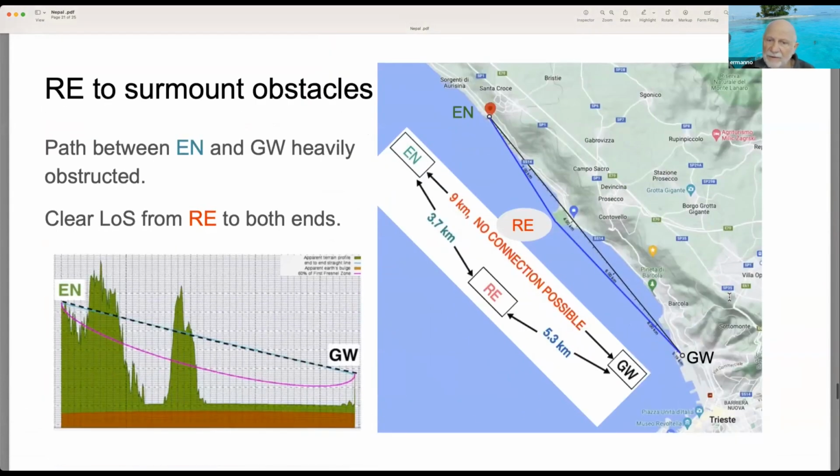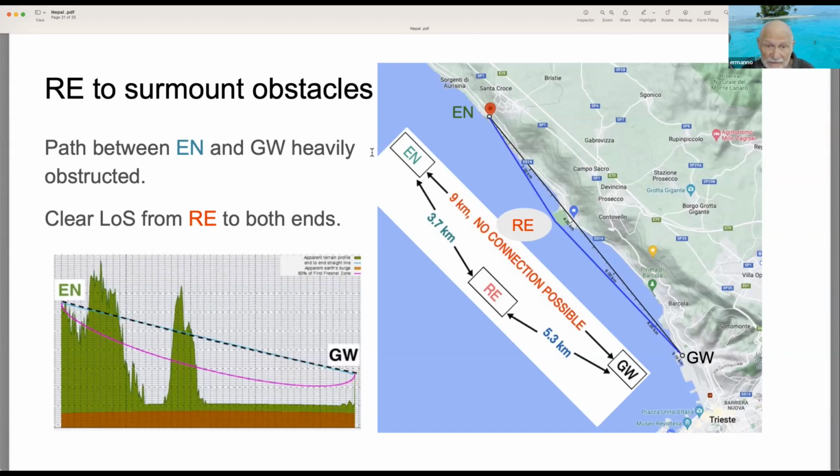So this is an example of the application that we tried here in Trieste. We have a gateway in a place near the seashore in the town of Trieste. And we had an end node at a distance of only 9 kilometers, but it could not communicate with the gateway because the line of sight between the end node and the gateway was heavily blocked by these obstacles shown here in the profile.